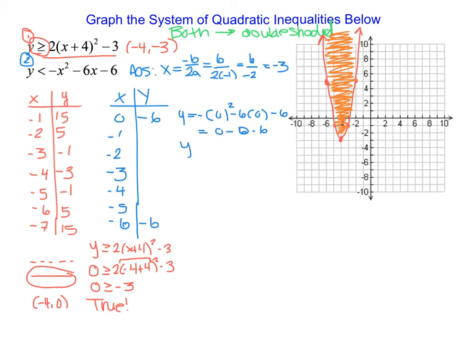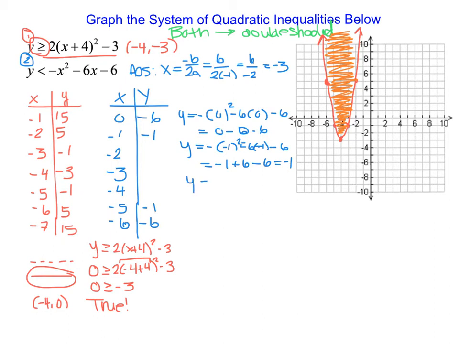I then go to y equals negative 1 squared minus 6 times negative 1, so I'm going to use keep, change there so I don't make a mistake, minus 6. Well, negative 1 squared is 1, and tack the negative on, that's a negative 1. Negative 6 times negative 1 is a positive 6. Then minus 6, that becomes a negative 1.